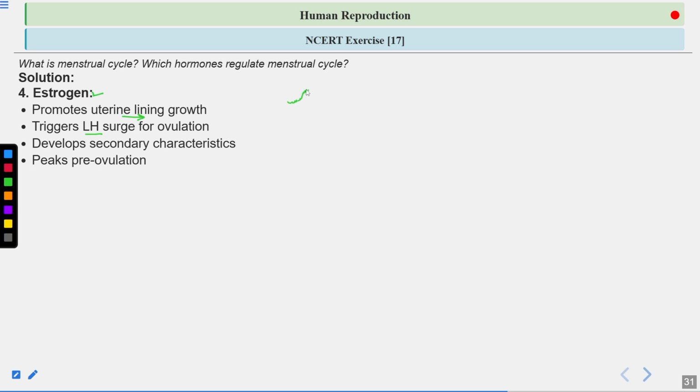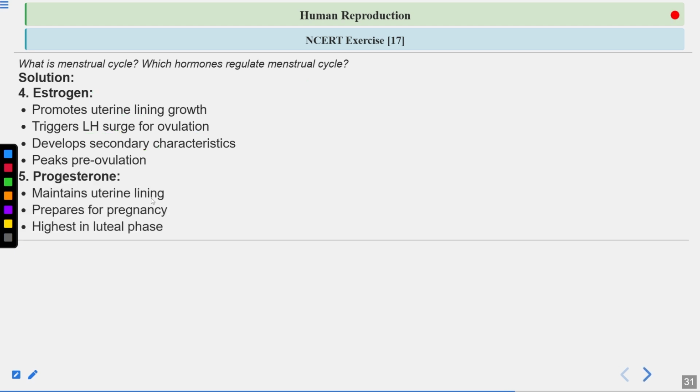When the estrogen level increases above the threshold value, it causes the release of LH and FSH from the anterior pituitary. So there is an LH surge, a rapid increase in the level of the luteinizing hormone, and this causes ovulation. Estrogen also helps in development of secondary sexual characteristics in the females, and its level is also maximum just before the ovulation.